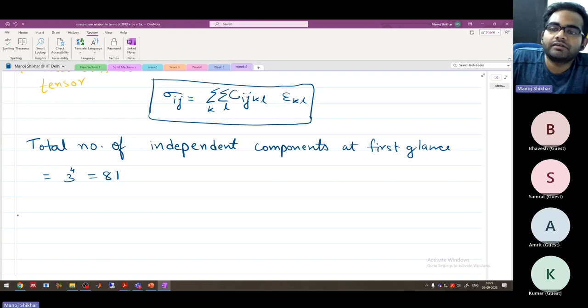But if we look carefully, we will be able to see that actually there are a lesser number of independent components than 81.